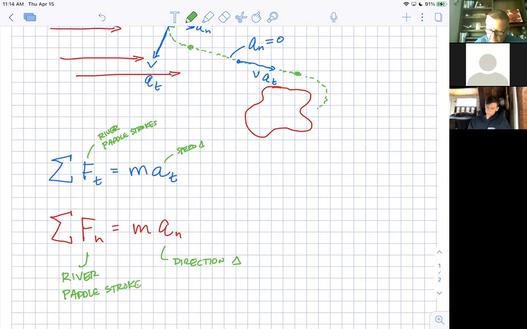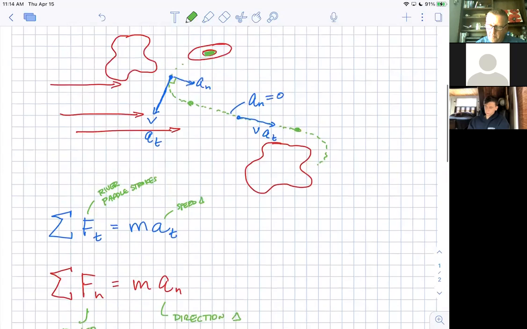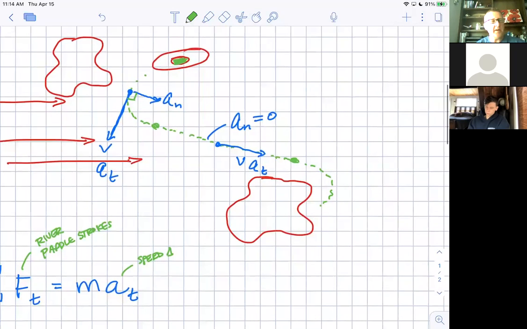And of course, my goal is to stay in control, not die, like not go someplace I don't want to go. Or maybe in this example, just to screw around, I want to get from one place to another. Watching a kayaker go from one rock to another rock and how controlled they are is a super good gauge as to how good they are at it.